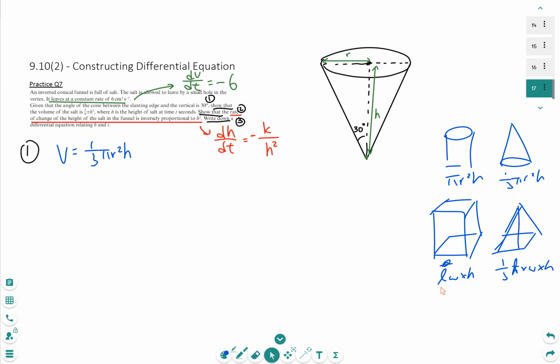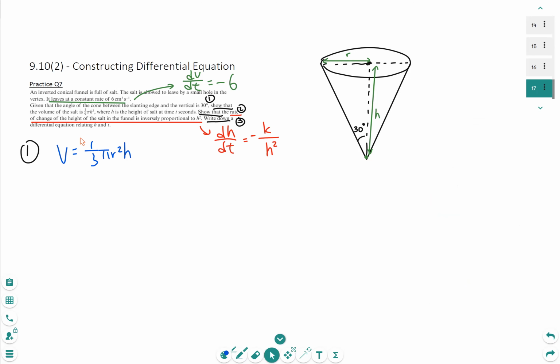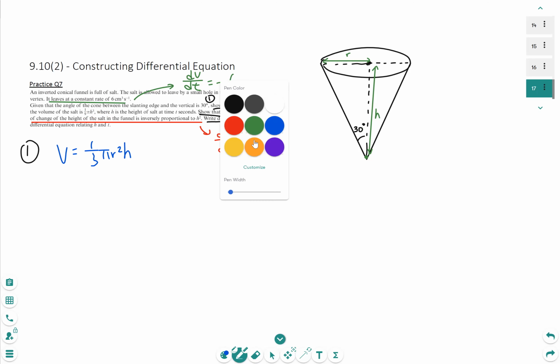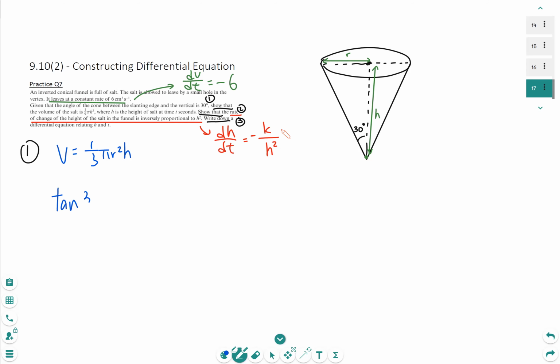So the volume of a cone is 1/3 pi r squared h. But if you look at the question, there's no radius in there, so we need to replace the radius. How do we replace the radius? We can use the 30 degrees. So tan 30 degrees equals radius over h. You can think of it like this.